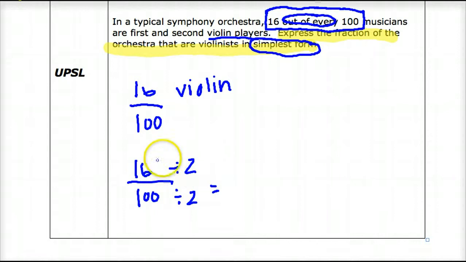So 2 will go into 16 8 times, and 2 will go into 100 50 times. Notice that we're dividing by the same number on top and bottom. This is the common rule you're going to see when you're simplifying fractions. Now 8 and 50 are still even numbers, so we could still divide by 2.